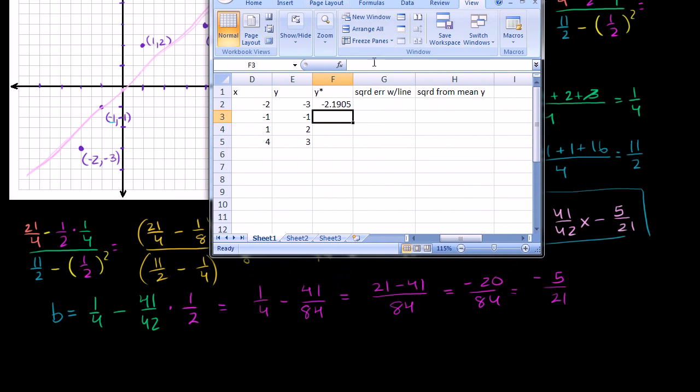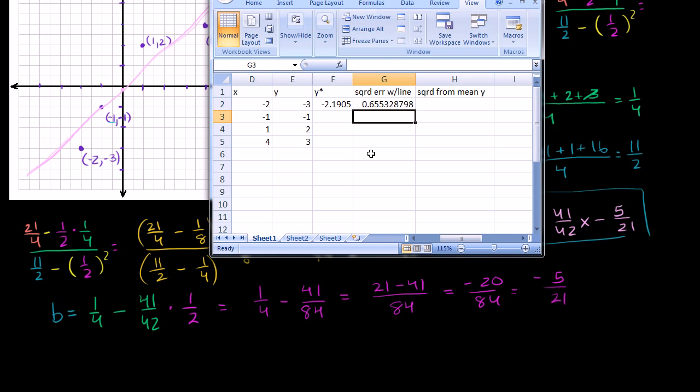So let's do that. The error is just going to be equal to our y value, that's cell E2, minus the value that our line would predict. That value is the actual error, but we want to square it, just like that.